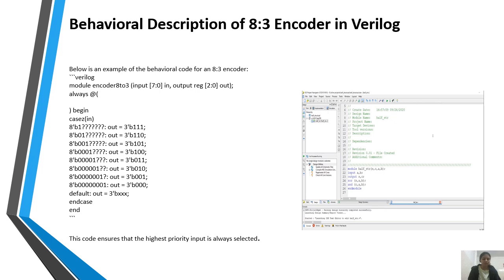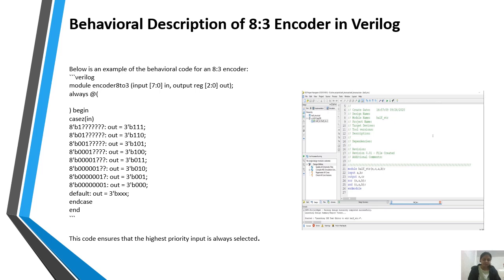Case statement. The case is used for pattern matching. Here Z is treated as a wildcard. Each case represents a priority level. This ensures the highest priority bit is selected if multiple bits are high.